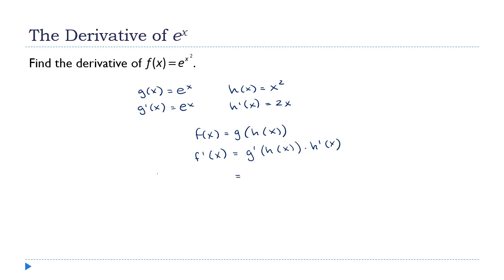Okay, h of x is x squared. So this is g prime of x squared. H prime of x is 2x. I'm going to bring that 2x around to the front. Put that 2x out here, times g prime of x squared. Well, g prime is e to the x. So g prime of x squared is e to the x squared. And that's it. There's my derivative.